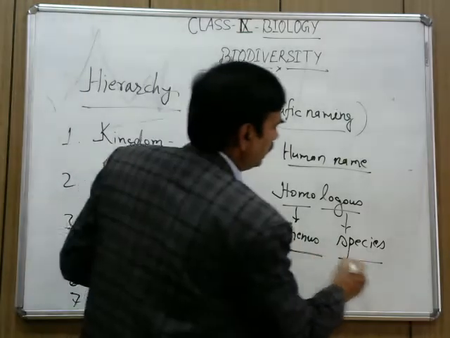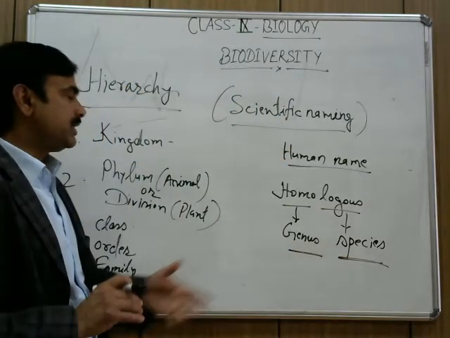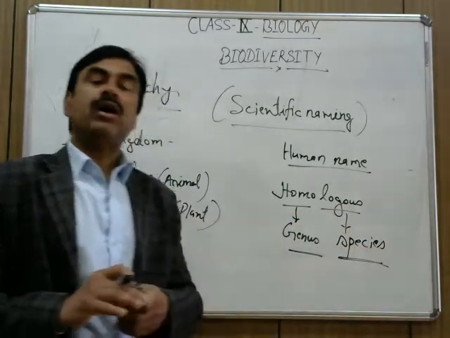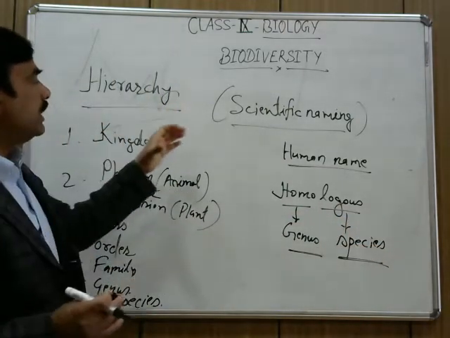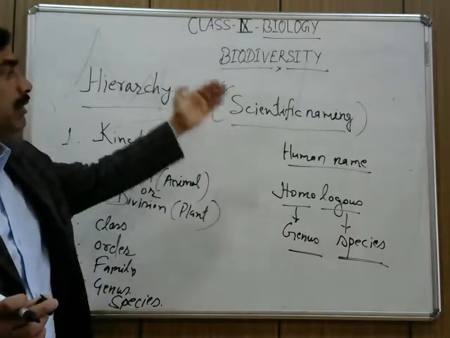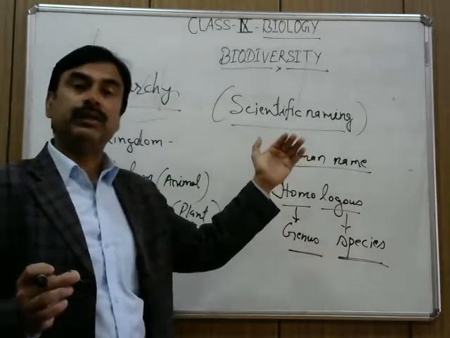As I told you, look at this. The second last is genus, and the last is species. So always we start with kingdom, as we are going to start the human classification.